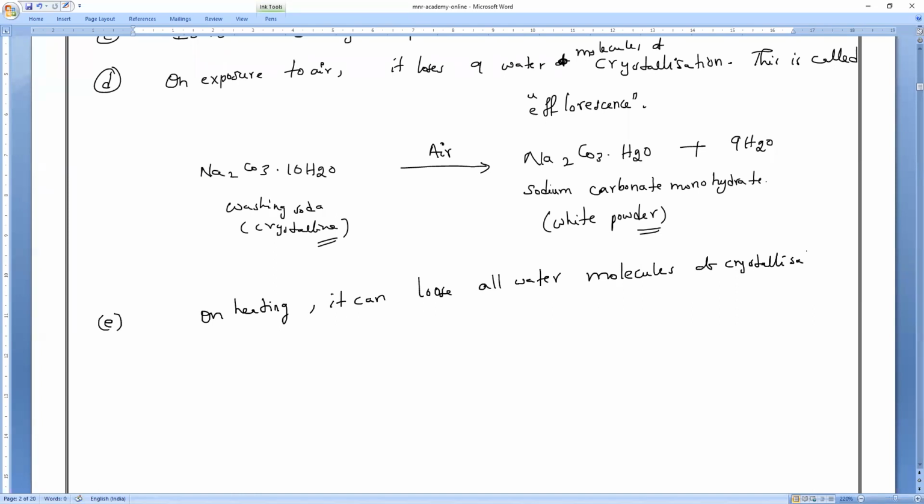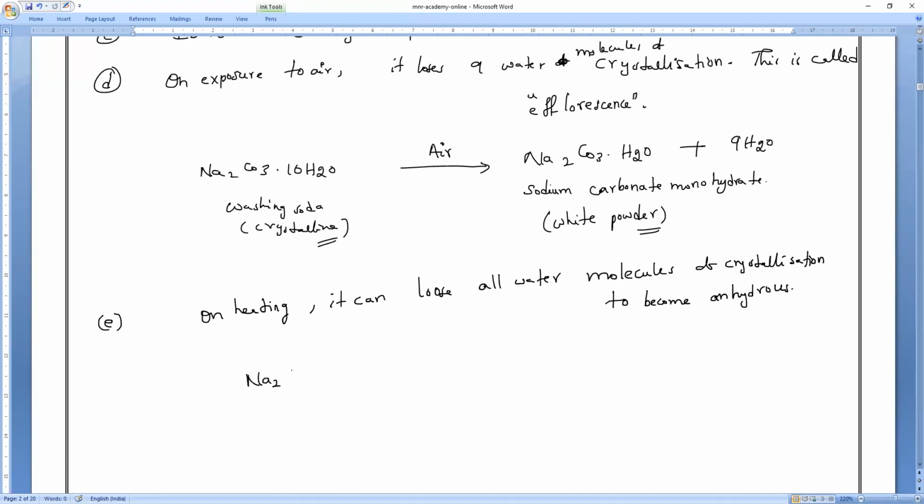On heating, it completely loses all water molecules of crystallization to become anhydrous. Anhydrous means no water of crystallization.